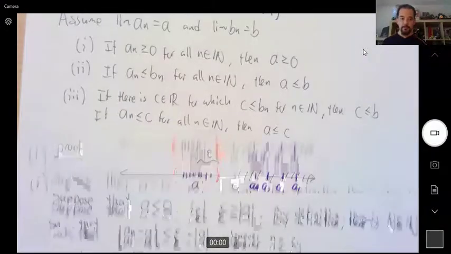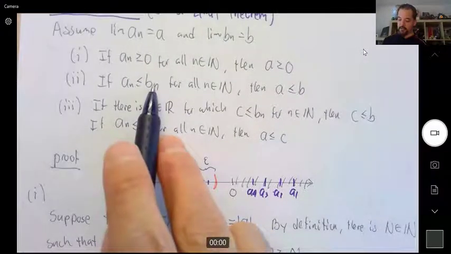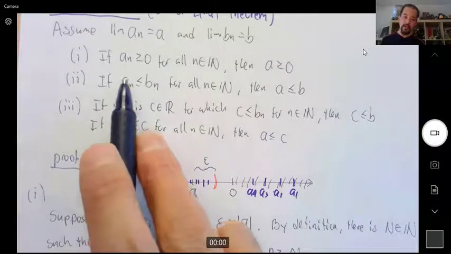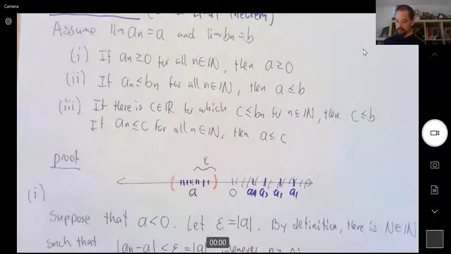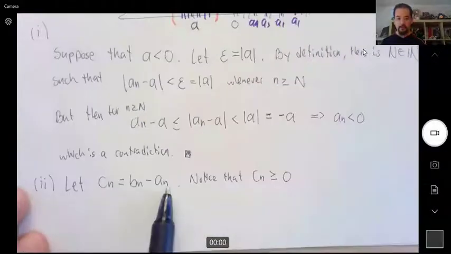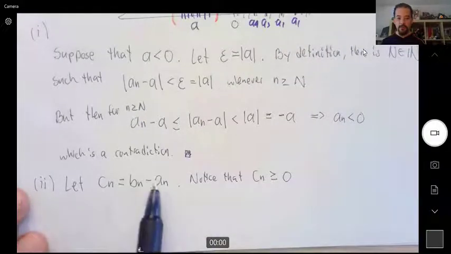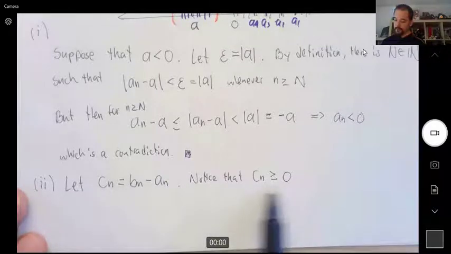Well, because our assumption was that bn is greater than or equal to an, or an is smaller than or equal to bn. So that means this difference is always positive, right? The b is greater than the corresponding a. So this is positive. So all of these elements in the sequence are positive.